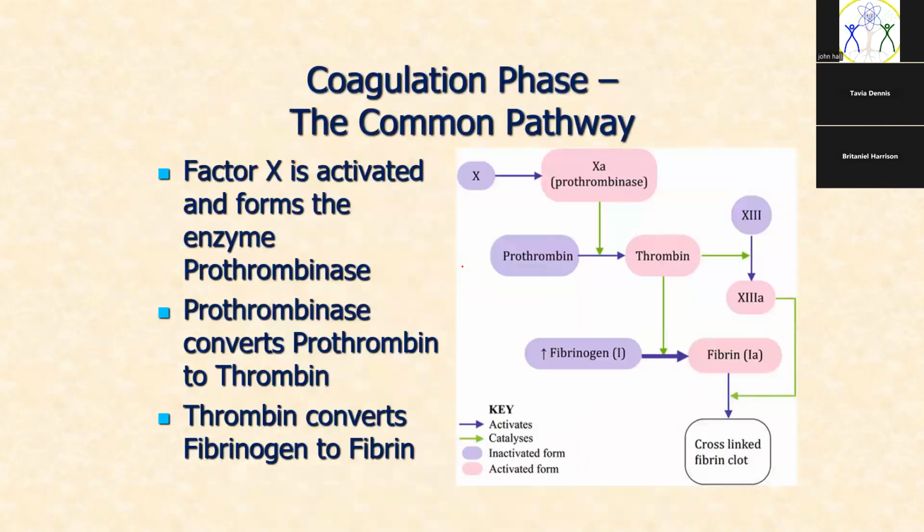These as well, it's basically the same idea. So if we look at the common pathway using another diagram here, we can see again, we have factor 10 being activated. And that, of course, gives us our prothrombinase. And our prothrombinase, remember, converts prothrombin to thrombin. This is still an enzyme. And then thrombin takes fibrinogen to fibrin, and fibrin makes the clot, right?